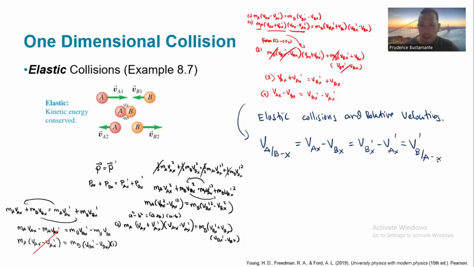What can we say about this? In relative velocity, the velocity of A with respect to B along x is equal to the negative of the velocity of B with respect to A along x.